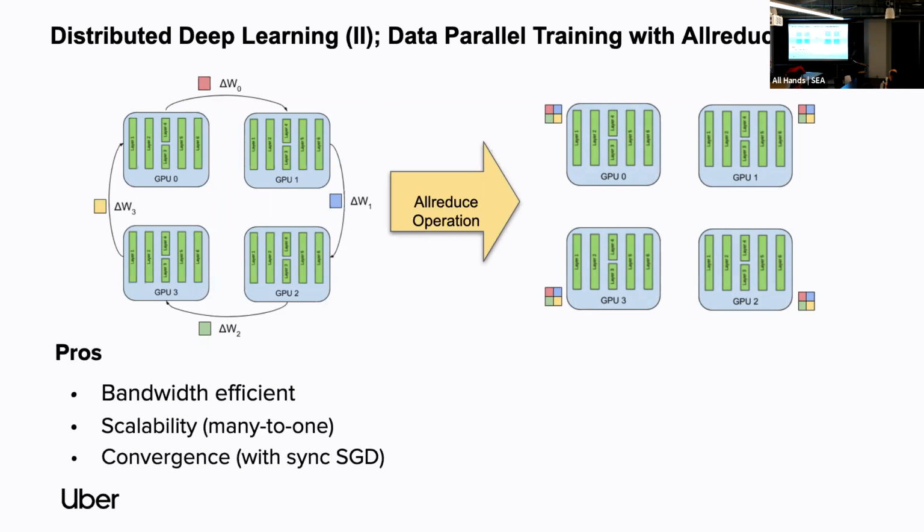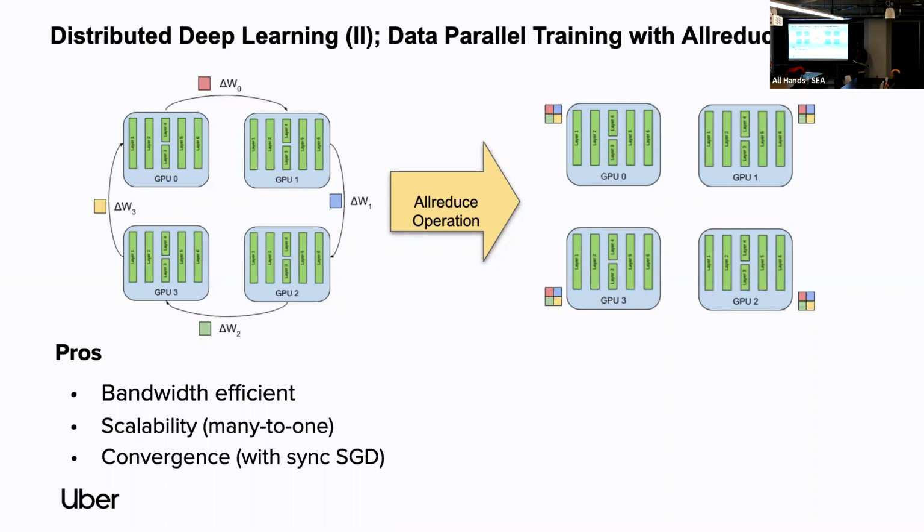This technique is bandwidth efficient because it uses the network much more efficiently than other approaches. It's also much more scalable, because there's no one single node that is the bottleneck here, right? Everybody does more or less a similar job.